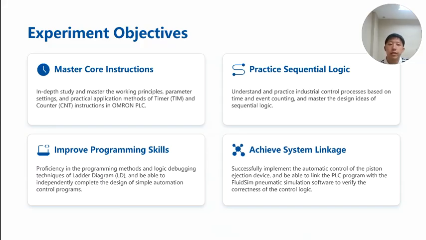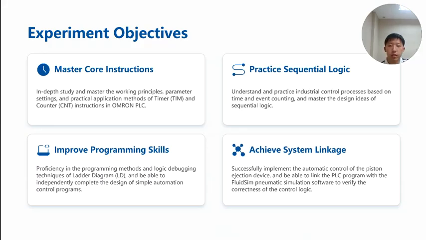The core objectives of this experiment are fourfold. First, we need to master the timer and counter instructions, which are very basic and important in industrial control. Second, understand the control method of sequential logic through practice.